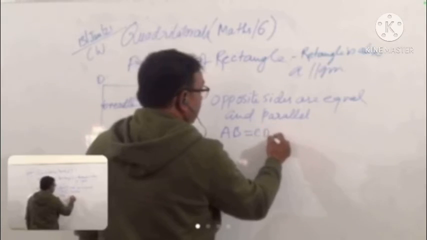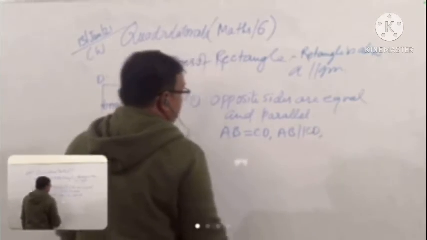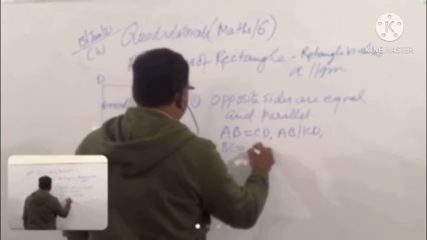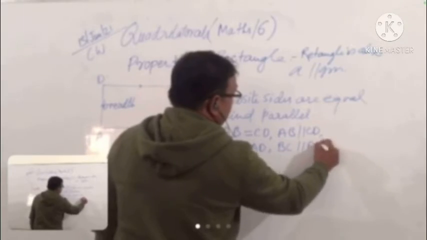Now it is clear, AB is parallel and equal to CD and BC is equal and parallel to AD.